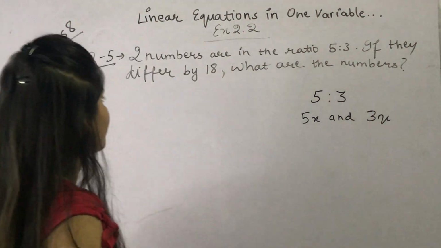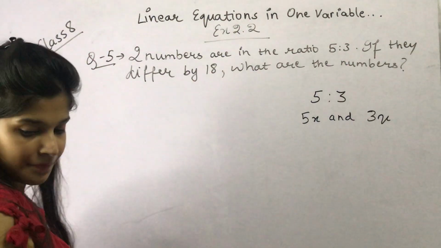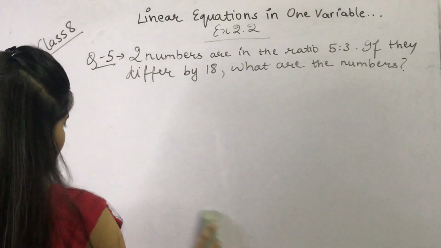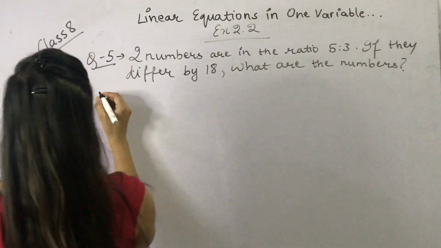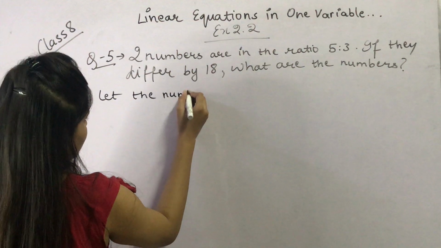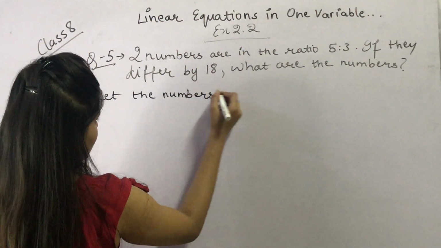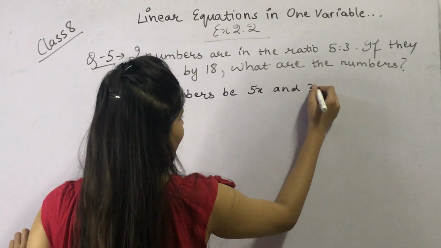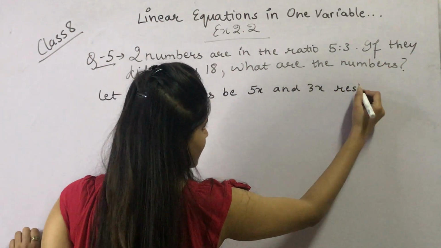Alright, so now let the numbers be 5x and 3x respectively.